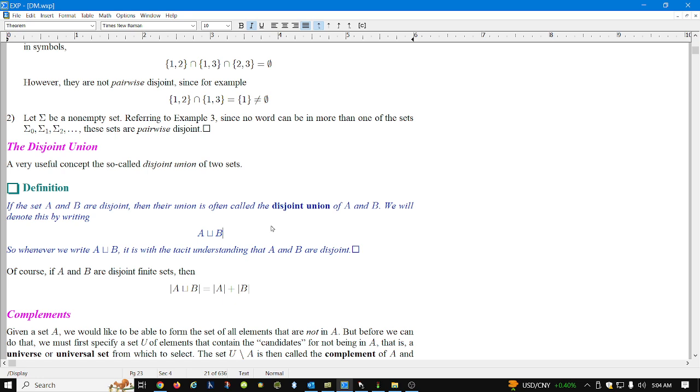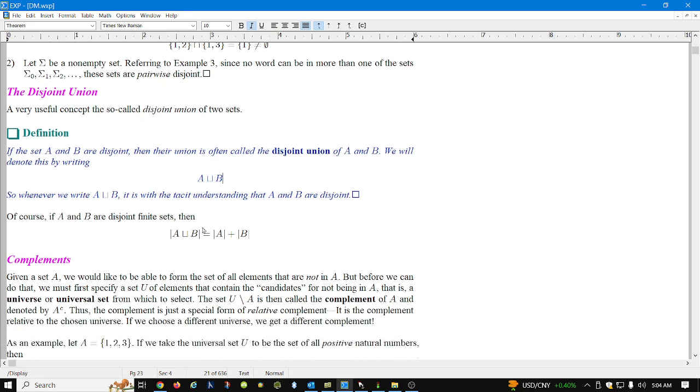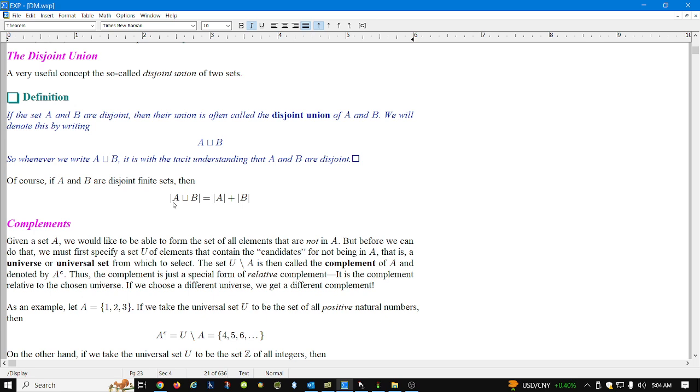If A and B are not disjoint, I will never use that symbol. Okay. And of course, the cardinality of the disjoint union of two sets is the sum of their cardinalities.